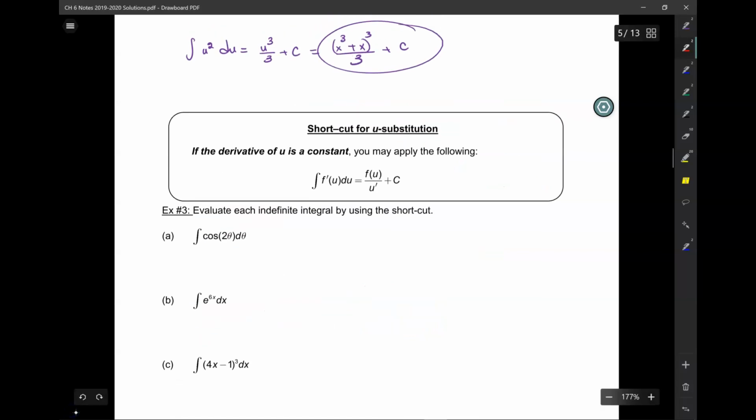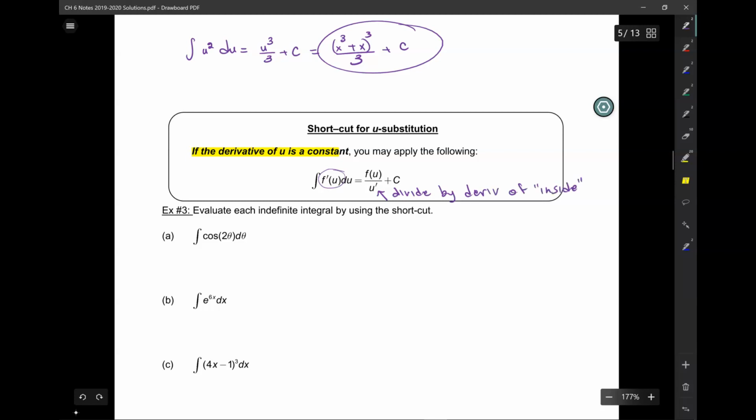So, shortcut. You could only do this if the derivative of u is a constant. For example, if u is 2x plus 5, the derivative is a constant. Only if the derivative of u is a constant, then to integrate, you just integrate and then you divide by the derivative of the inside.